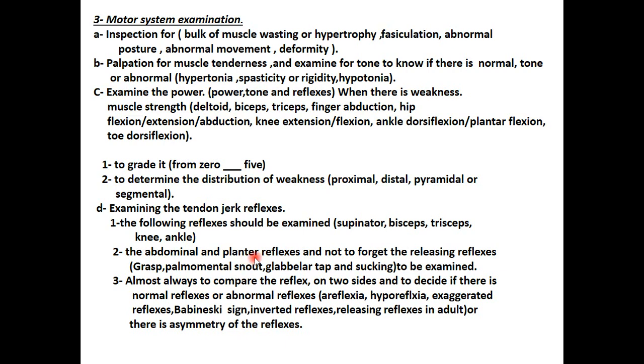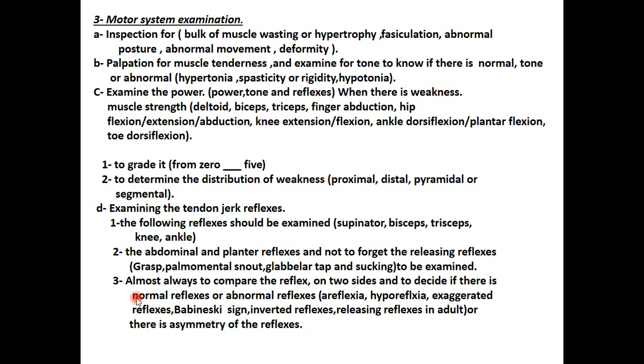We will see primitive reflexes, which are grasp reflex, palmomental reflex, snout reflex, glabellar reflex and sucking reflex. We call them primitive reflexes. We see them in children, and they also occur in the elderly, especially those with frontal lobe lesion, dementia, Alzheimer's and even Parkinson's disease. You have to examine for the releasing or primitive reflexes.